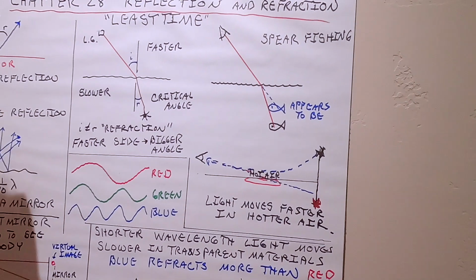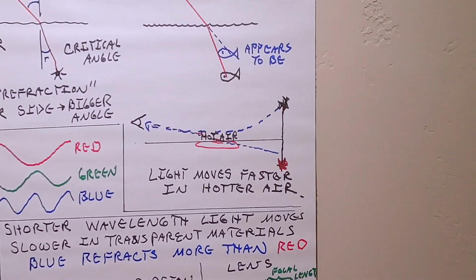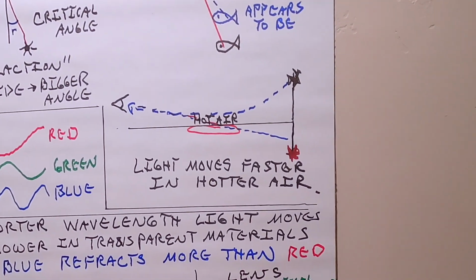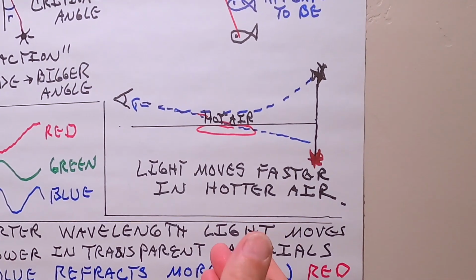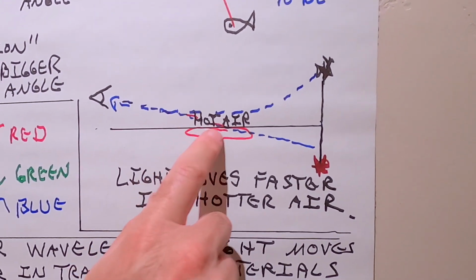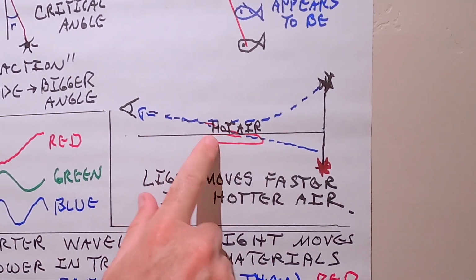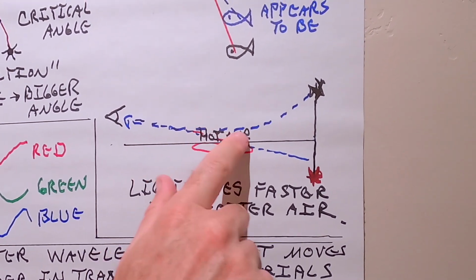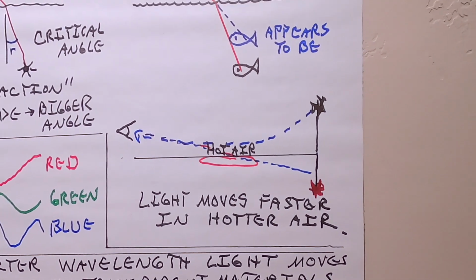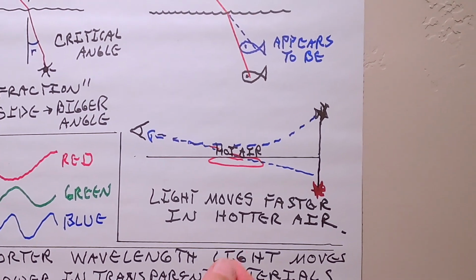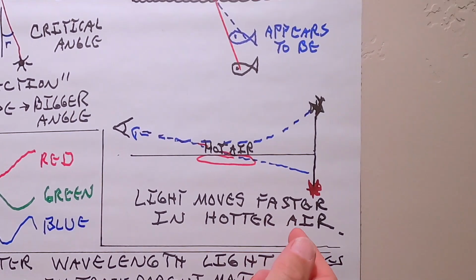If we look at a mirage, when you go out into the desert. Now, I'm not talking about a lemonade stand. I'm talking about a real mirage. Usually, remember we said when the ground gets really hot, it's got a low specific heat, the air gets hot here, and it's not so hot up here, it's just warm. Light goes faster in hotter air, because it's less dense.